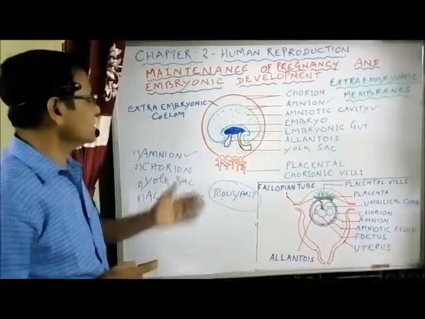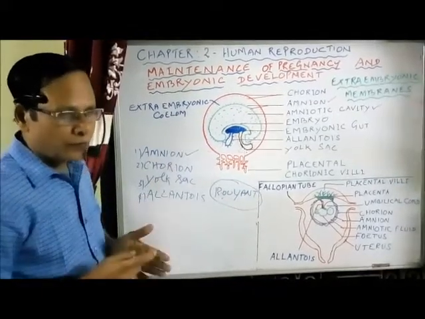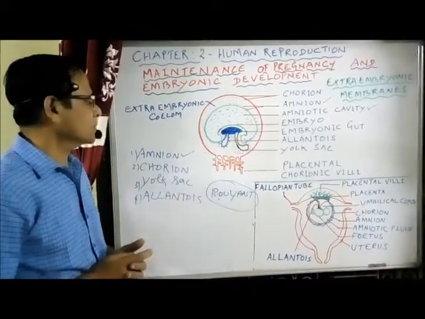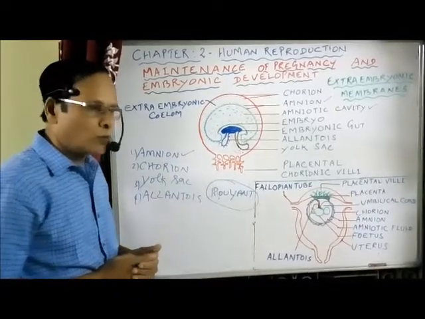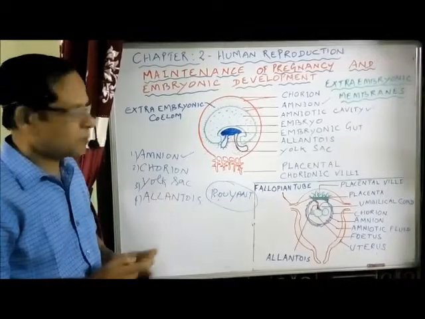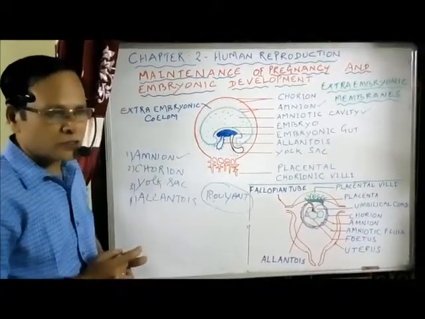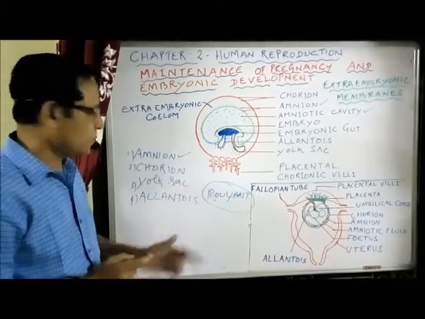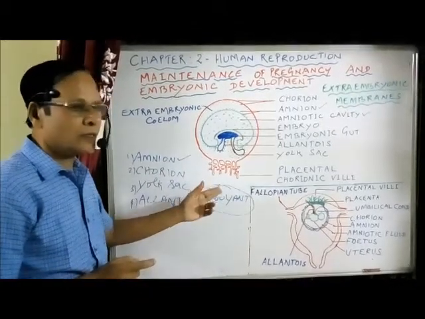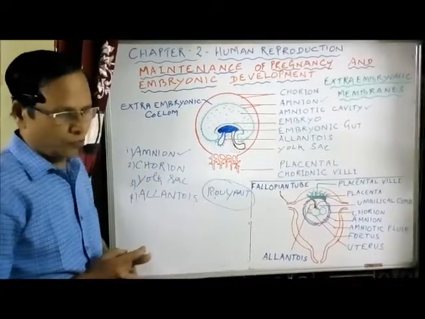It also keeps the embryo away from desiccation, and along with that, it regulates the temperature of the fetus. As per the book, only three functions are given. Number one, regulates the temperature of the fetus. Number two, provides a buoyant environment to protect the embryo from mechanical injury.